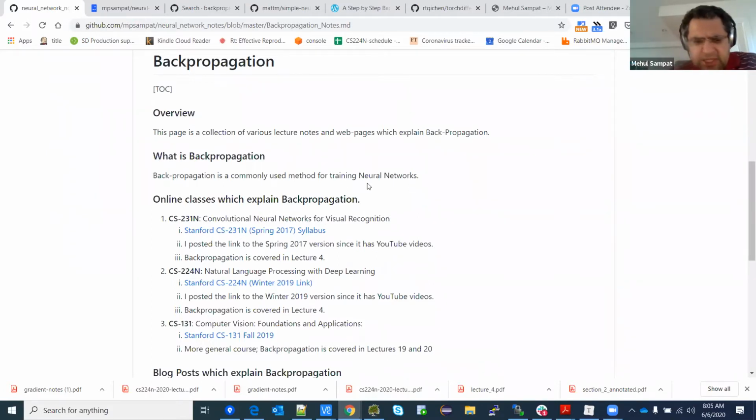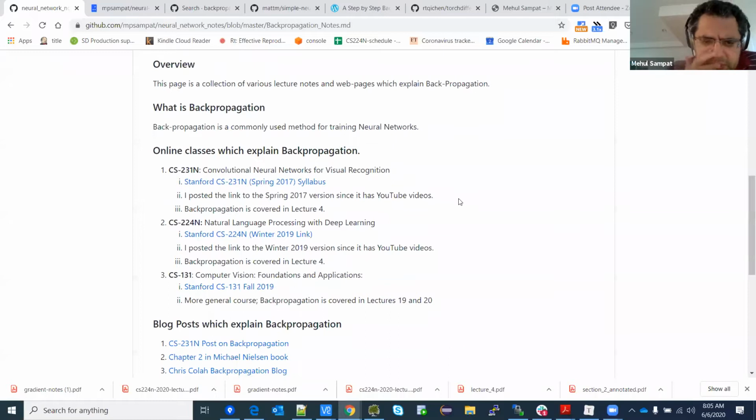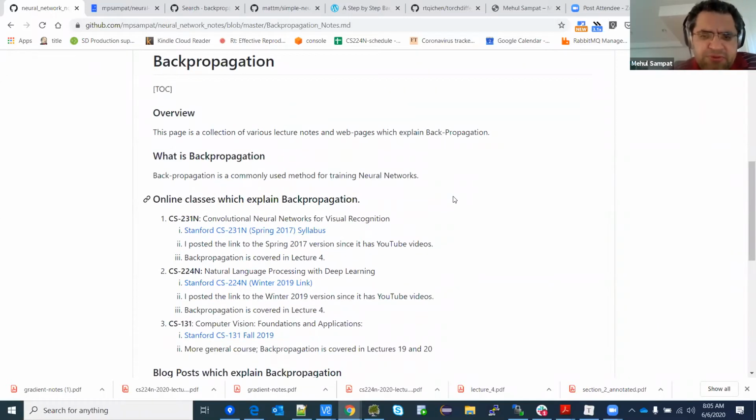You can see the browser, right? Yep. Okay. So this is my set of different materials I found on backprop, and I have some notes about what type and what level of detail they go into.